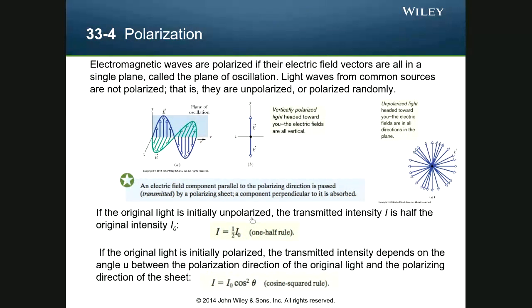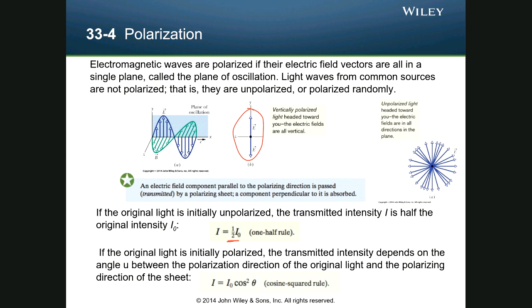This is why the unpolarized light that transmits through a polarizer loses about half its intensity. Everything averages out so you lose about half of it to the horizontal direction, and only the vertical components come through the polarizing sheet. So essentially what polarization does is it orients the electric field lines.